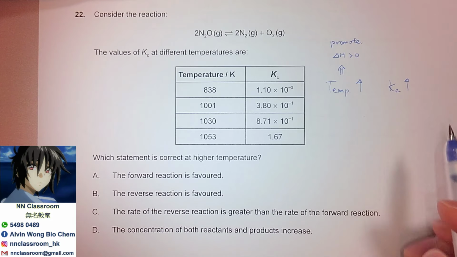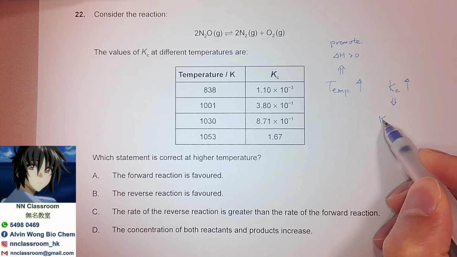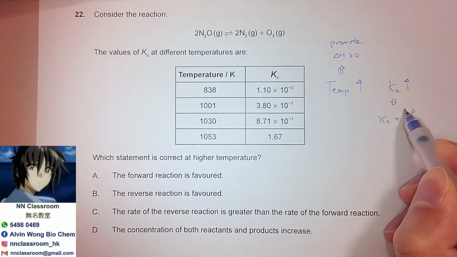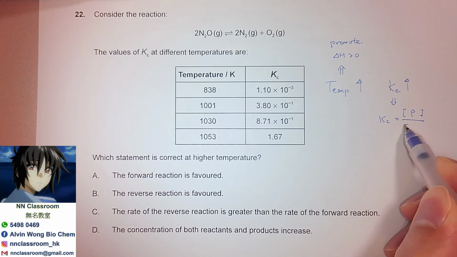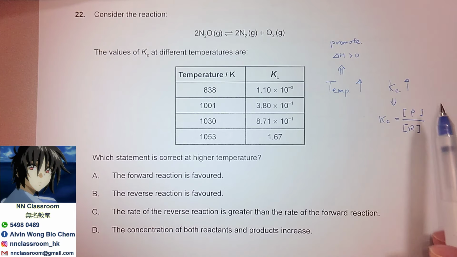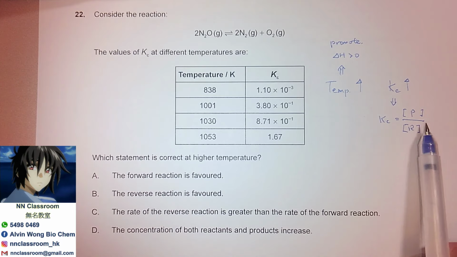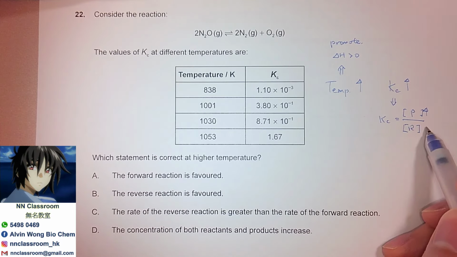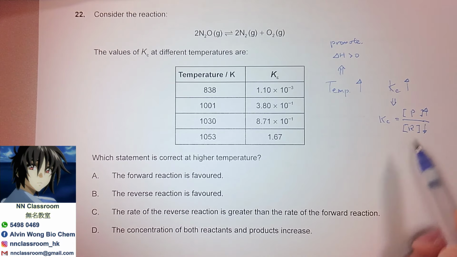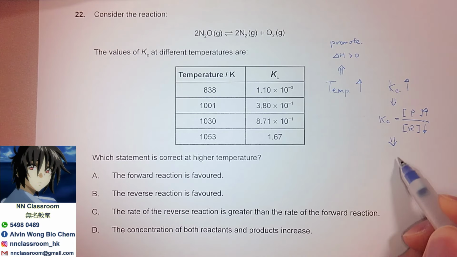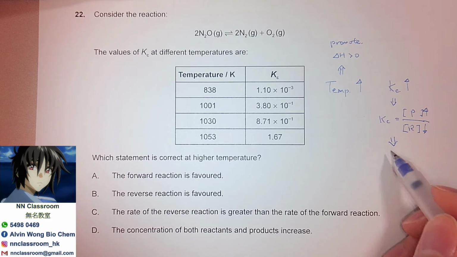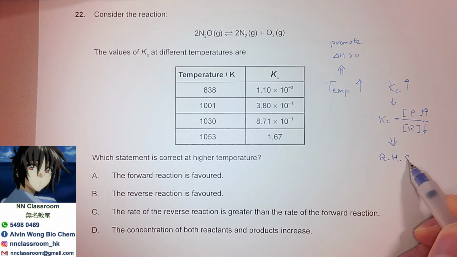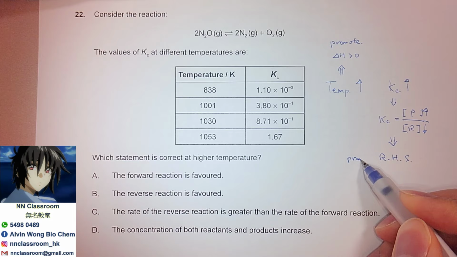And as we have learned, Kc is equivalent to a ratio of product concentration over reactant concentration, right? Which means if this value is increasing, what we are going to do is to increase the numerator, or on the other side, decrease the denominator, right? So another perspective, one more round of deduction, is that the right hand side is being promoted, right?